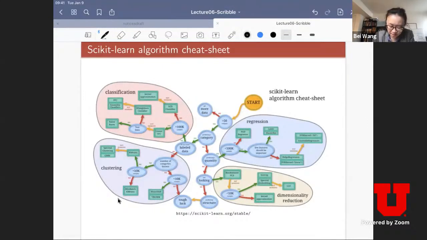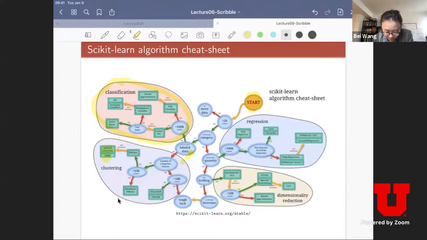But the idea is you have the starting point, and then you move along. Do I have enough data? No, then go back to get more data. If I do have data, and I have labeled data, and you have less than 100K, then I'm going to do a certain type of classification in the left corner. If I have categorical data, I'm going to do things like spectral clustering and so on.